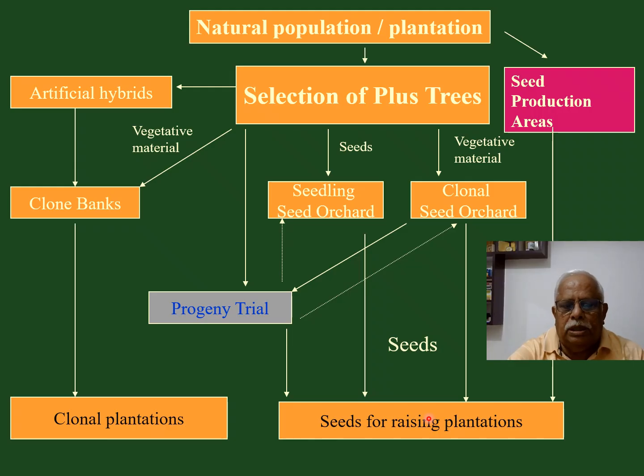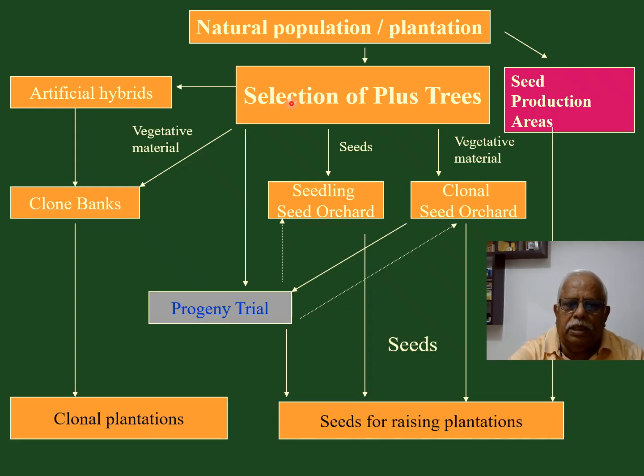So this is the process: select the plus trees, deploy them in the orchards, collect the seeds for raising plantations. When we select the plus trees, we select them based on their external features. We call this phenotypic selection. We will not know whether they are genetically superior or not.